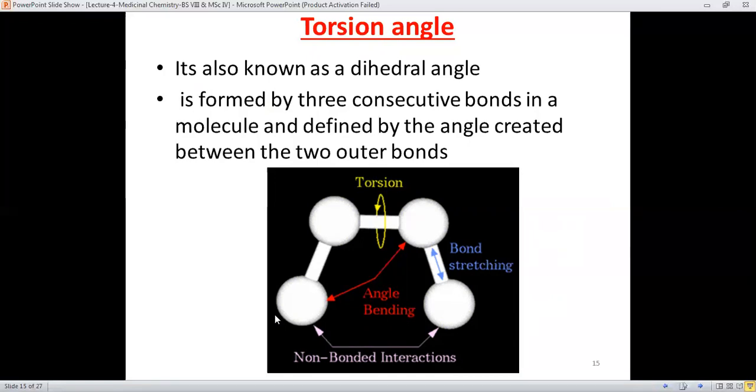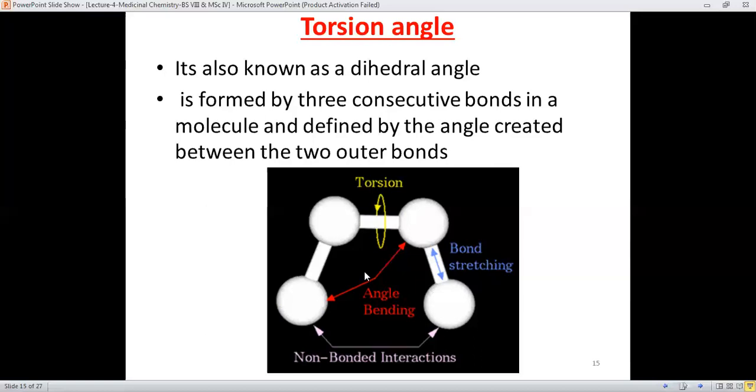But for the torsional angle, you must consider that there is the presence of one plane here and a second plane, like I am drawing the second plane here. It means that one plane is present like this and the second plane is present like this, then there must be an angle between this left plane and the right plane, and the angle between the two planes will be the torsional angle.